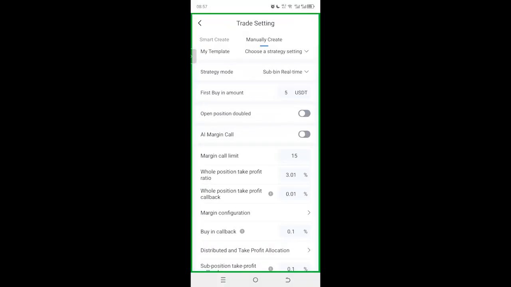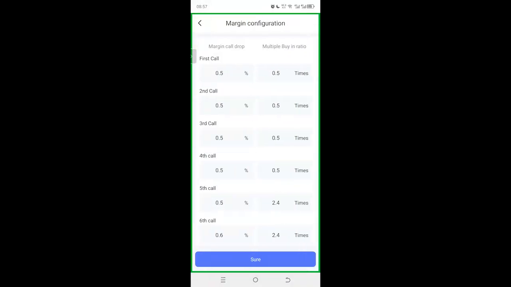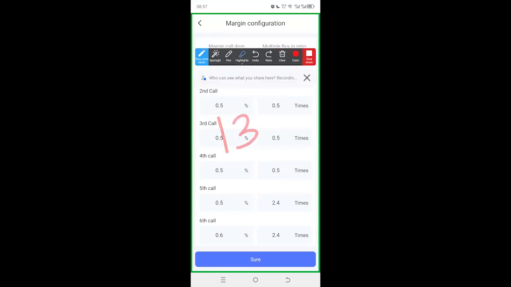What am I going to do? Remember, you're coming to the margin configuration. We have said the call drop is 13%. Take profit is 3%.